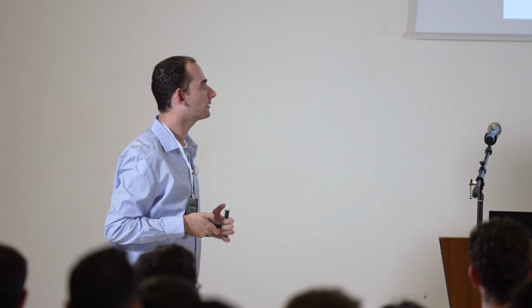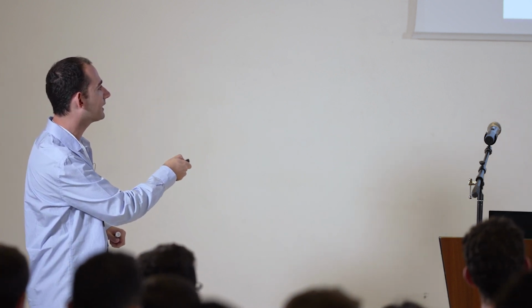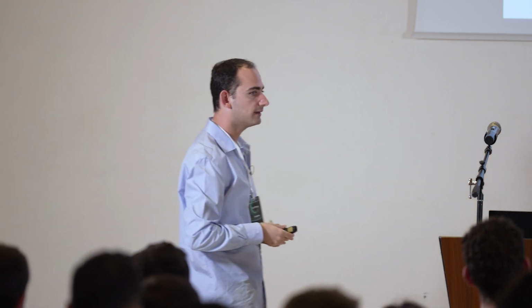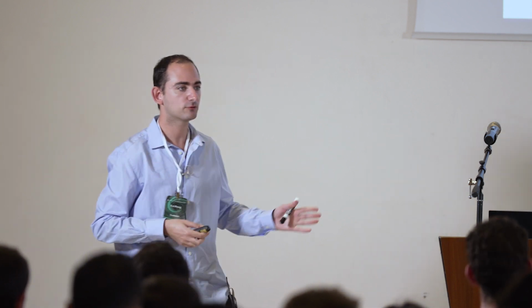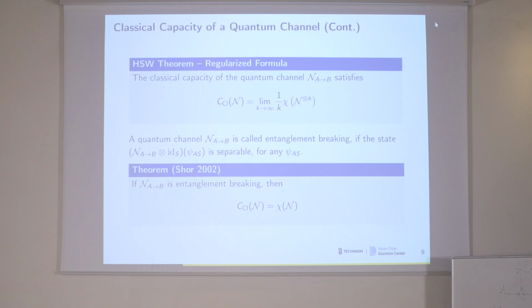Then Peter Shor has shown that if the channel is entanglement breaking, then the capacity is just equal to the Holevo information, and we can compute this. One simple example of an entanglement breaking channel is a measurement channel. The output is classical. It cannot be entangled with anything. So for measurement channels, we can compute the classical capacity. But it's actually a pretty wide class of channels. It includes many channels.